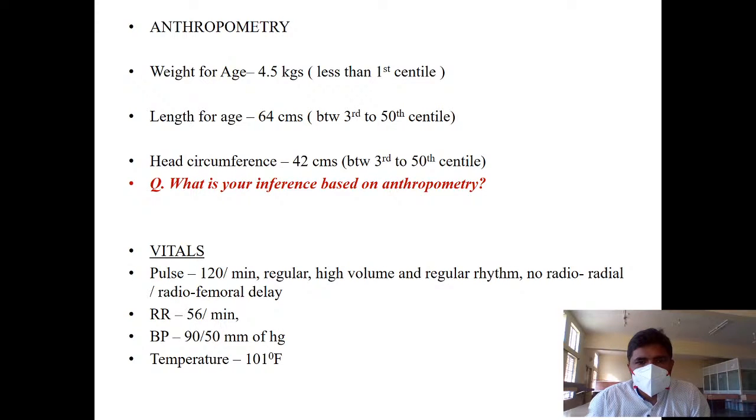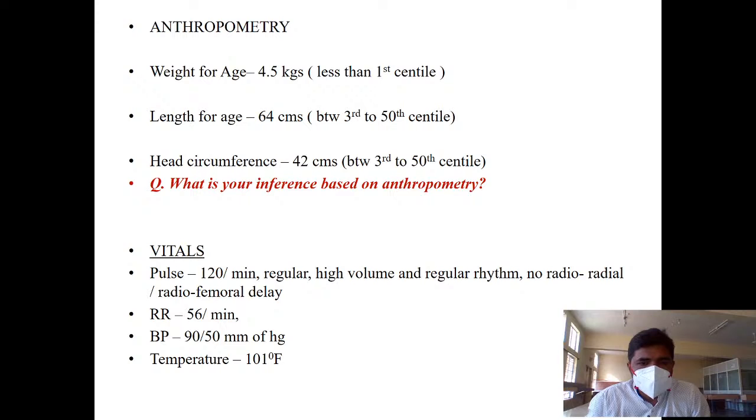Heart rate also should be on the higher side rather than normal. And then look at the respiratory rate, it is 56 per minute. So the child is quite tachypneic.